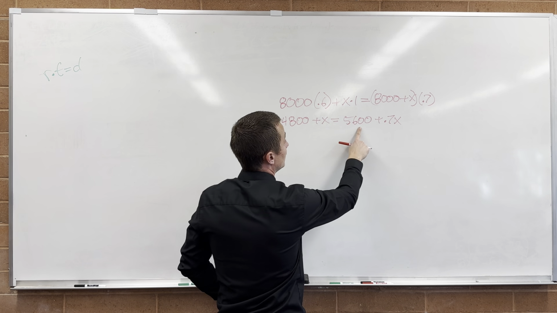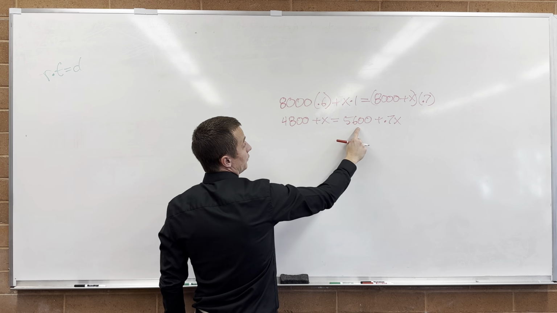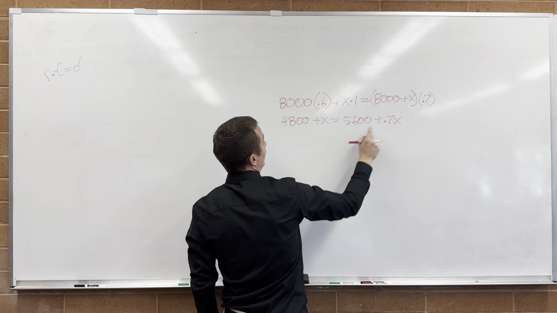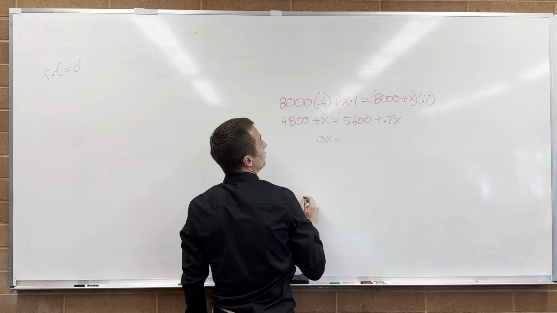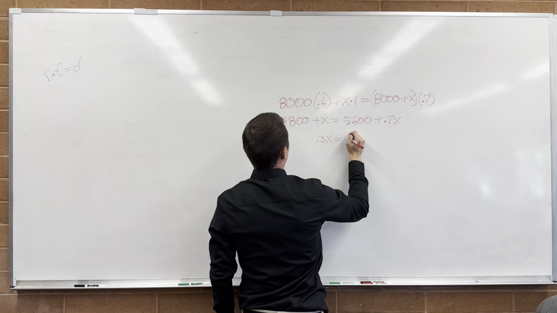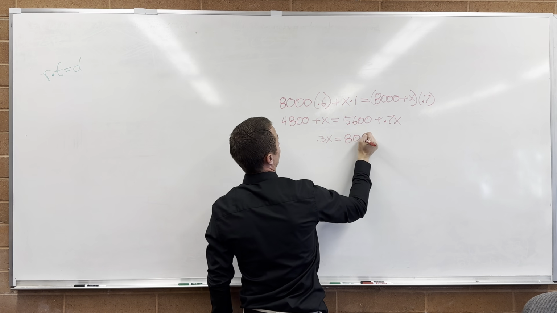Let me think. Subtracting the 4,800 from both sides and 0.7x from both sides, over here we would get 0.3x is equal to, is that going to be 800? Am I doing that right? Yes.